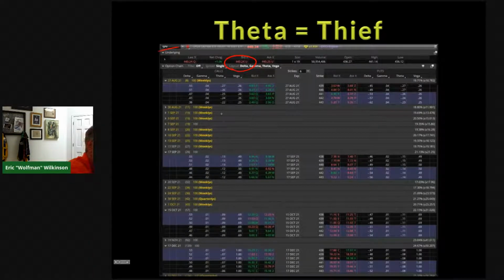But what we can see here is theta, 120 days to go, and this is our theta on the calls and our theta on the puts, all right? Now, theta is always negative because you cannot stop it, all right? It's negative on both sides. But we can see out here, 120 days to expiration, we only have 7 cents of theta on the calls, 8 cents on the puts.